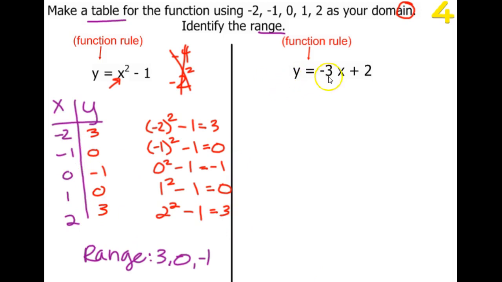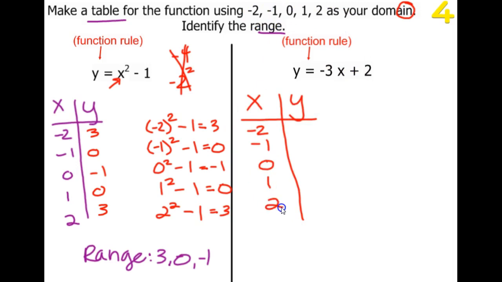Let's do the same thing here. We need to make a table. Again, we're plugging in -2, -1, 0, 1, and 2. So let's plug those in for x right here. So first it says negative 3 and it's touching, it's multiplied, times a negative 2. And then we're going to add 2.